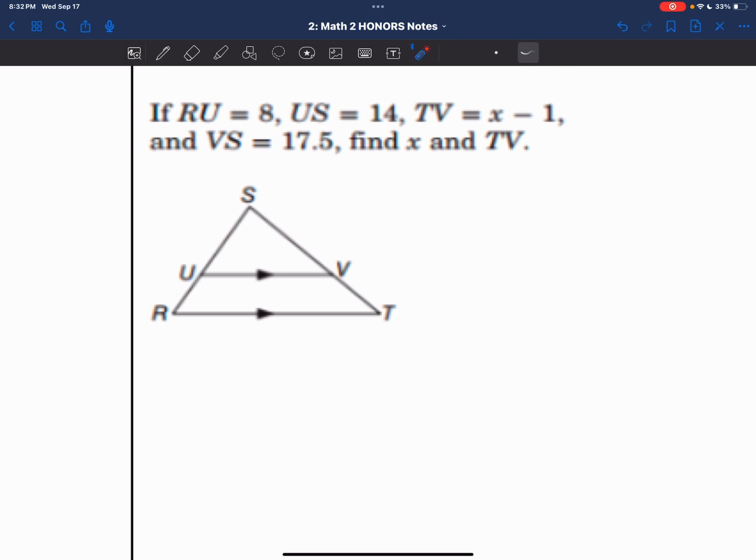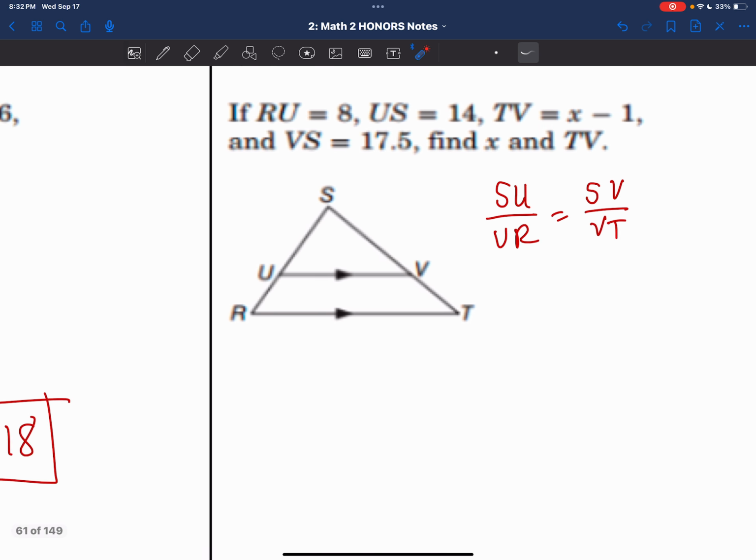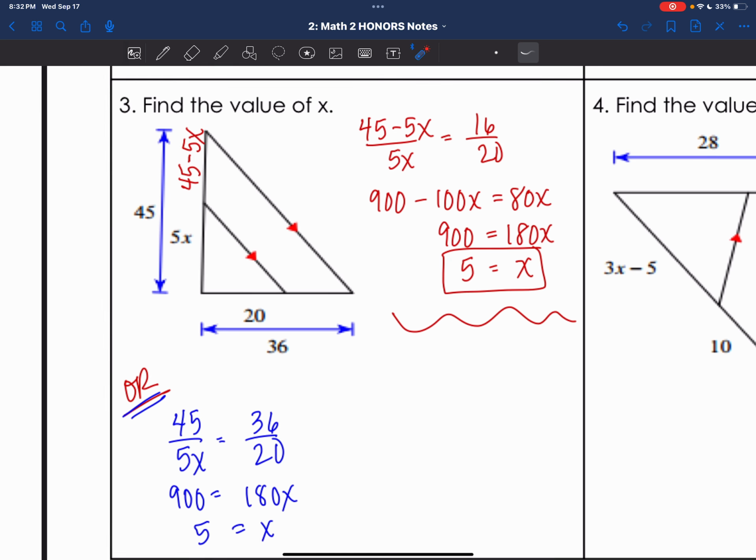So you can go SU over UR and make it SV over VT. So go ahead, you're going to solve this one. I got it partially set up for you. And then now let's look at this one.